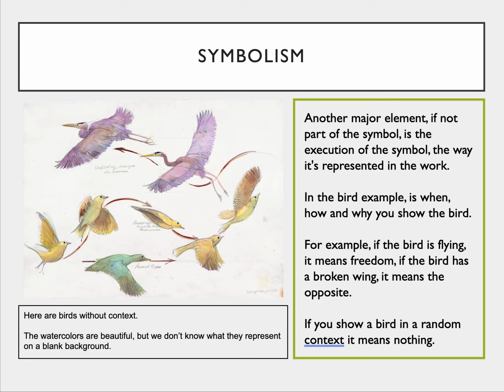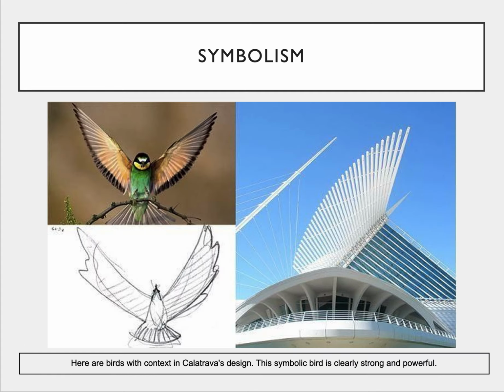And so the way we execute the symbol matters. So if you show a bird in a random context like we did here, it means nothing. But if the bird is flying, it shows freedom. If the bird has a broken wing, it means the opposite. So there are different things you can do with how you represent your bird to convey that meaning.